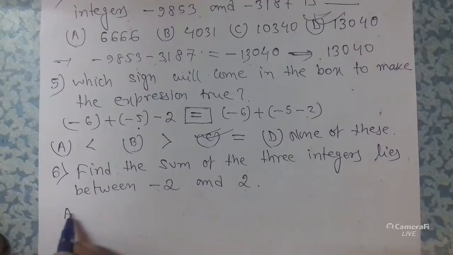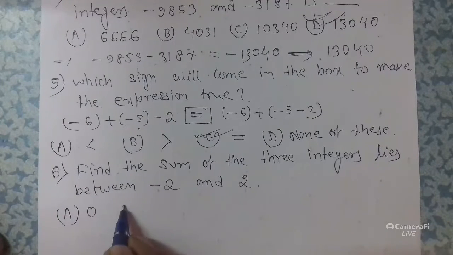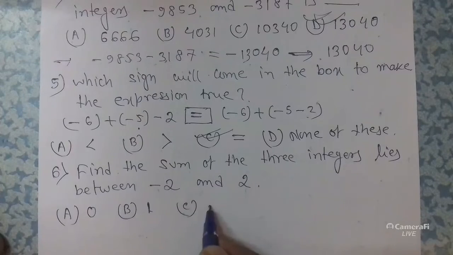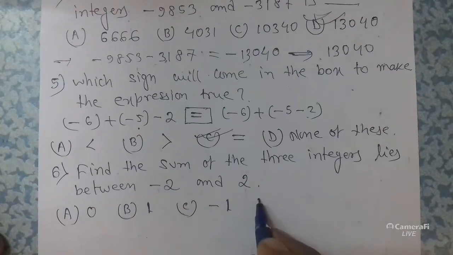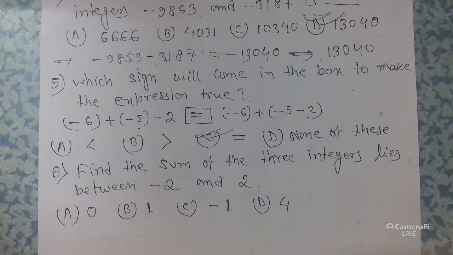The options are 0, 1, -1 and 4. These are the options.